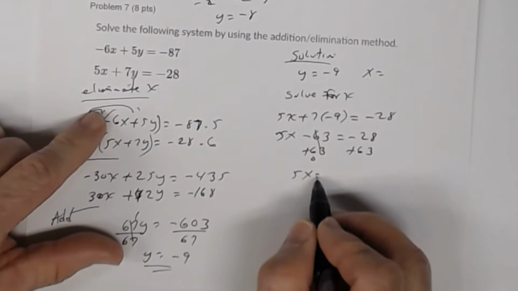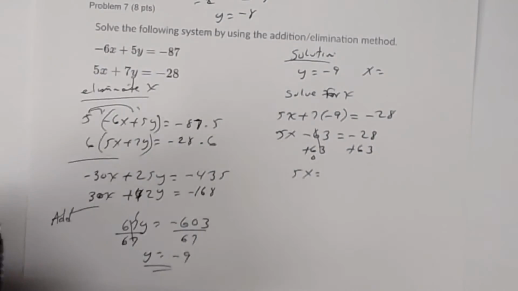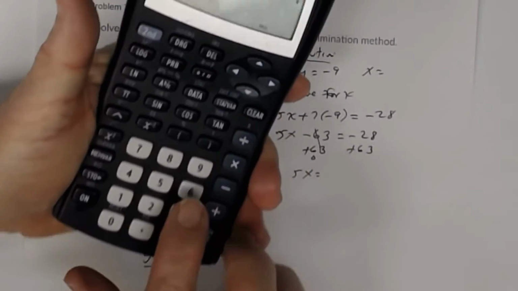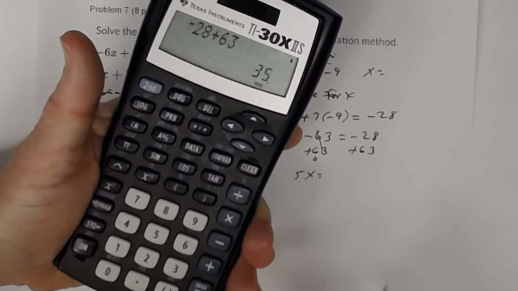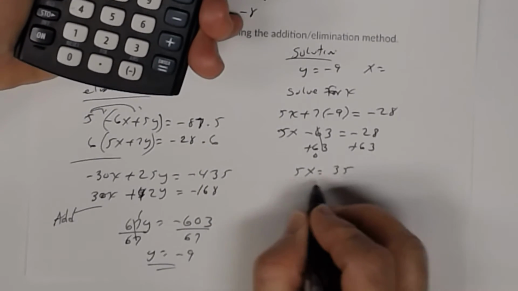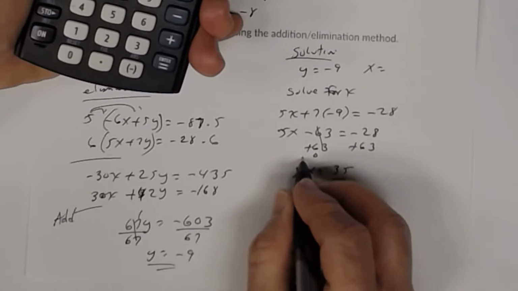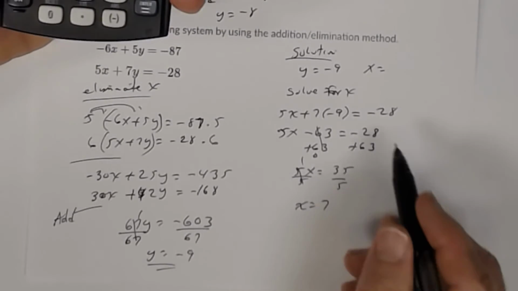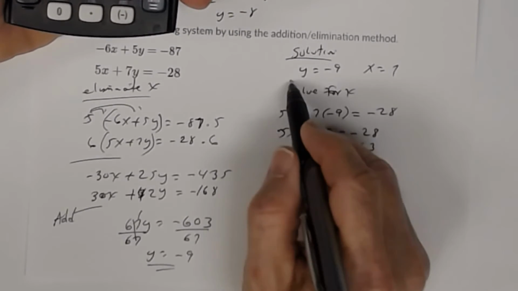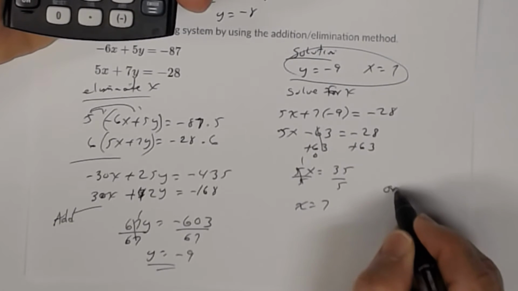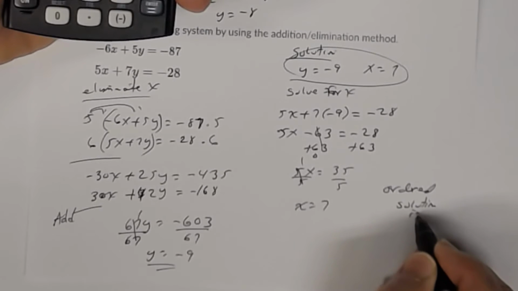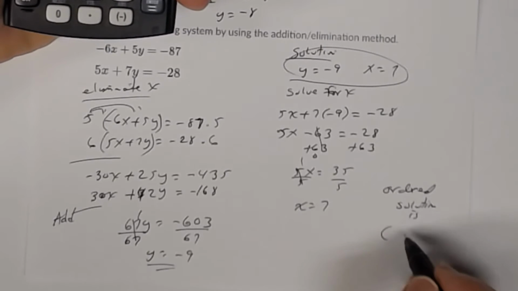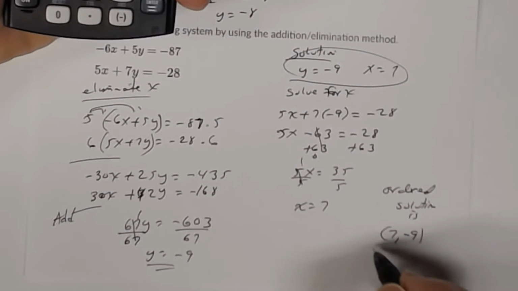I get 5x equal, and use your calculator if you need to, negative 28 plus 63 equals a positive 35. Dividing both sides by 5, I get x to be 7. All right, so there's your solution. As an ordered pair, make sure your x is first, your solution is 7 comma negative 9.